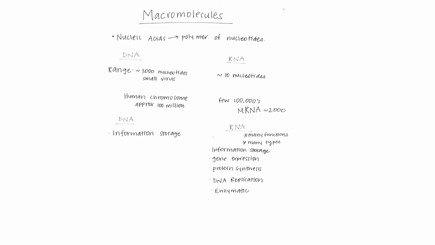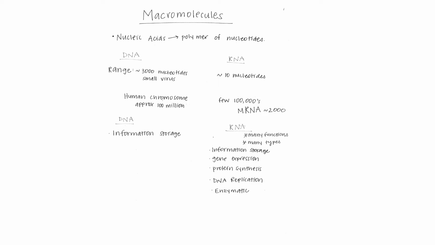Okay, so nucleic acids, this is the macromolecule we're talking about now. They're polymers of nucleotides. And we'll look at the nucleotides in a few minutes. And again, there are two types. There's DNA and RNA. And let me start by just giving you a little bit of overview of DNA.